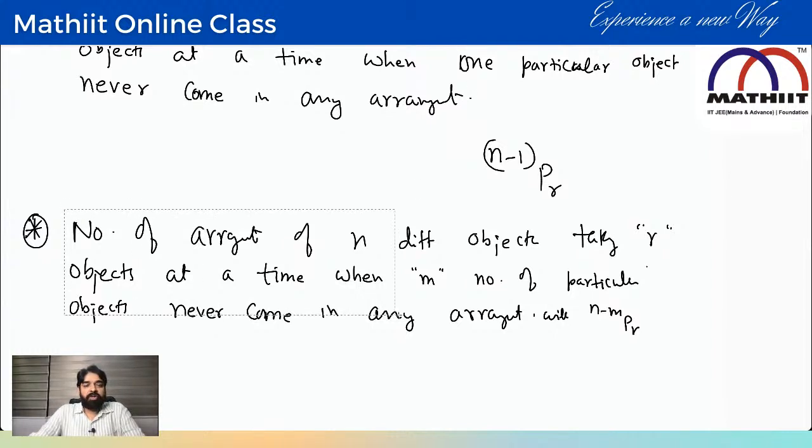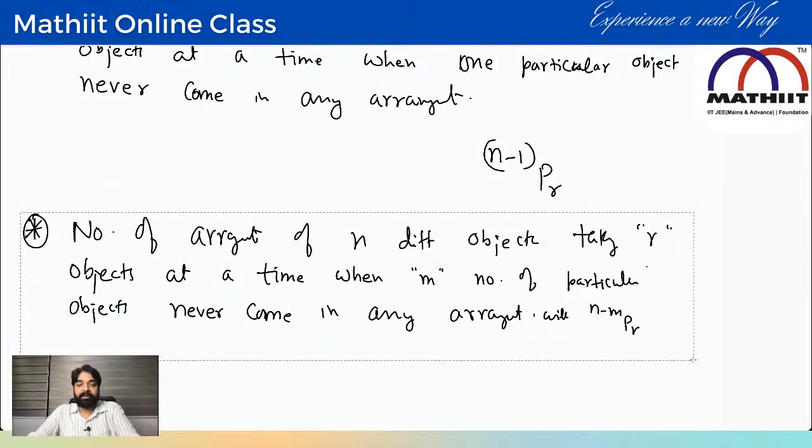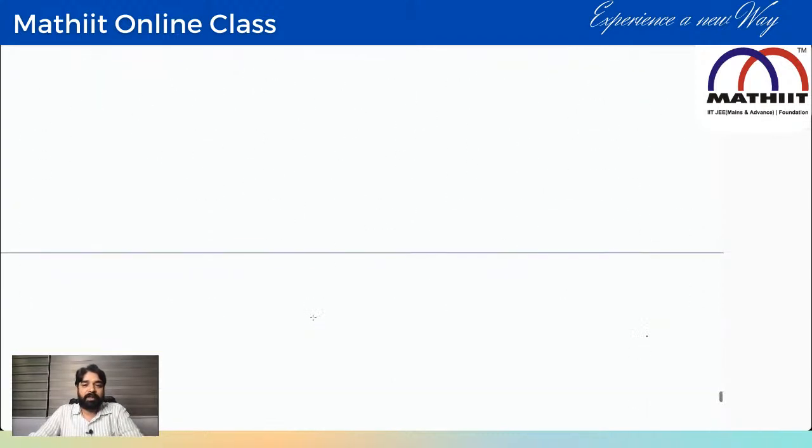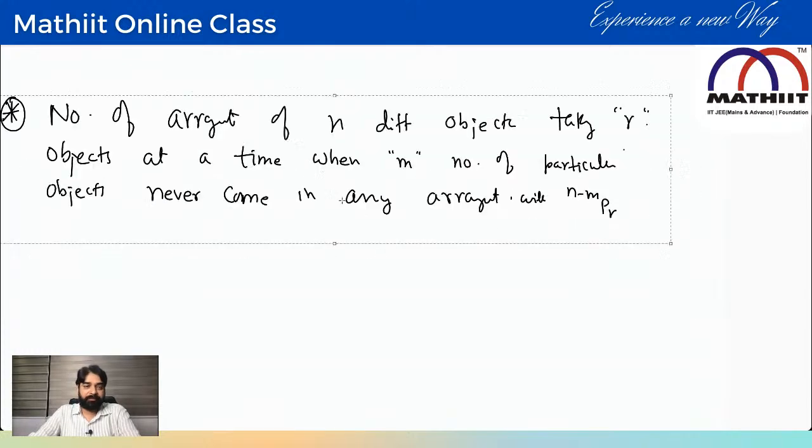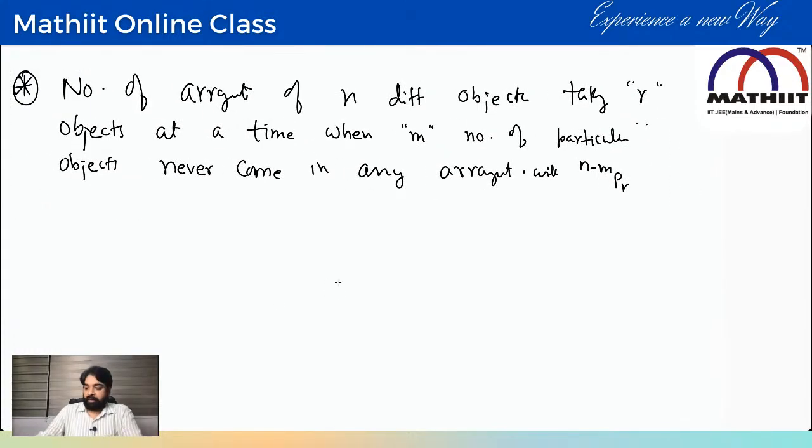Now the question I'm going to ask. All these are types of situations, and we'll discuss all the types of situations like this. It will cover every type of situation. Next one.